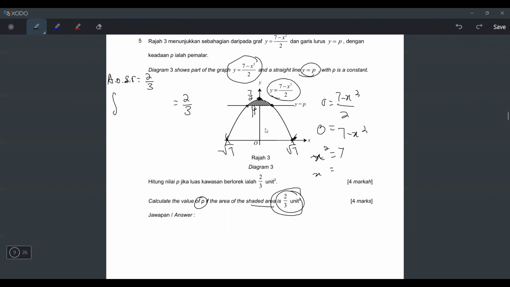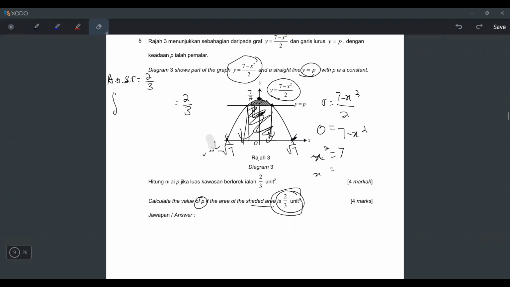So maybe you will tell me it's floating because it's not sticking on the x-axis. Then maybe some of you will integrate the curve minus the straight line. I won't do it like this, but maybe you will. You integrate the curve, from here to here, and then minus the rectangle, minus the integral of the straight line. Because it's floating, you take something minus something. That can also work.